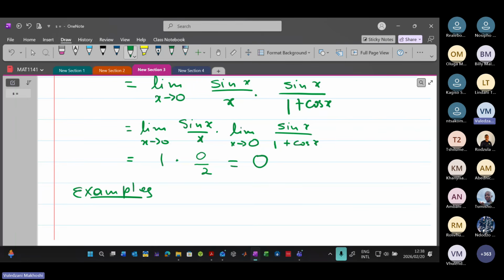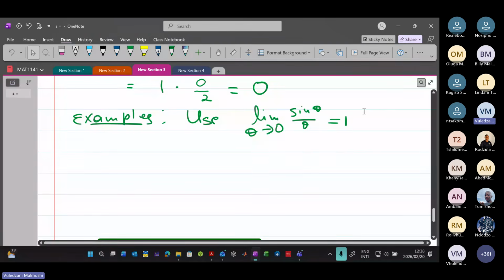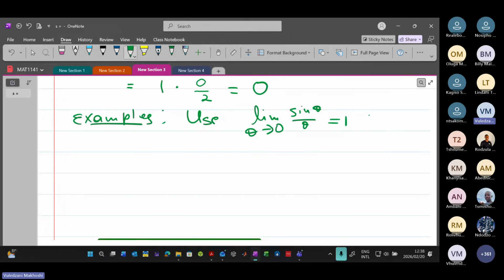So usually we ask you to use the fact that the limit of sine theta over theta when theta is approaching 0 is equal to 1, and then to evaluate the following.